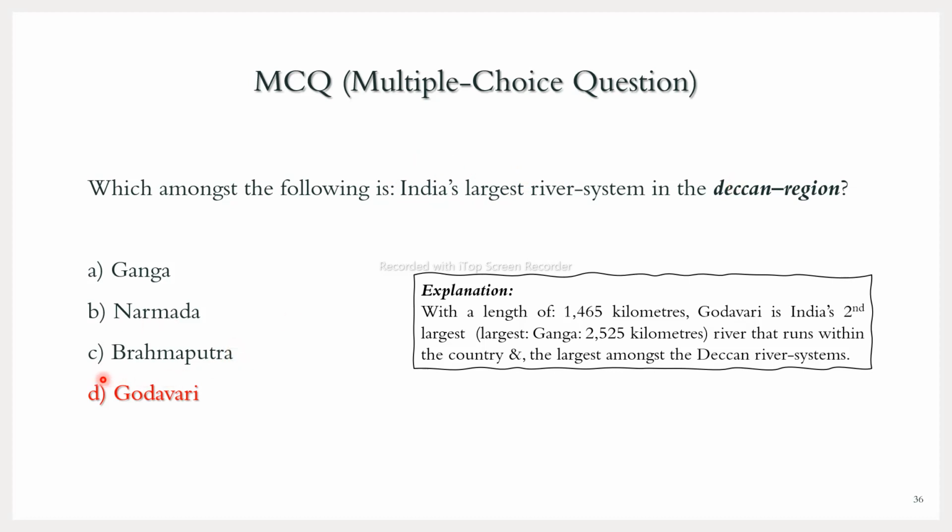So people who know the length of Brahmaputra will say that it is the largest river system if the Deccan region is not mentioned. But the part of Brahmaputra which is there in India, that flows through the northeast region, has a length which is lesser than the Ganga and Godavari.